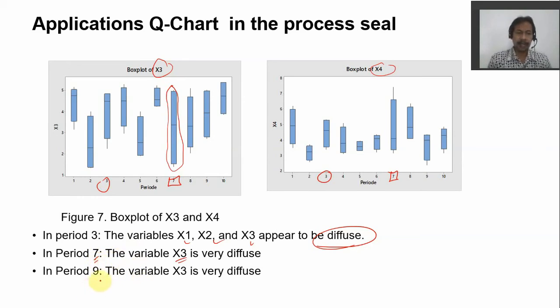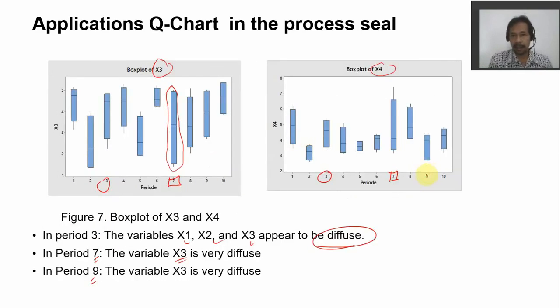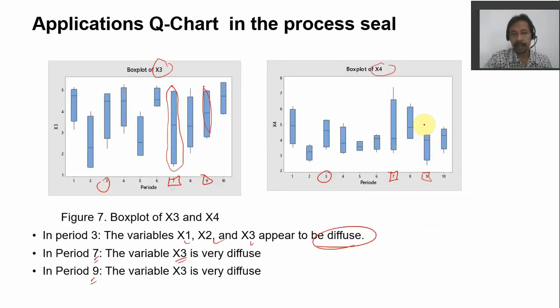And then in the 9th period, we can see there are variances, with more variation than x1, and here is a smaller variance. So x3, but I think x2 has more variation. Not only x3 for period number 9, x2 also.